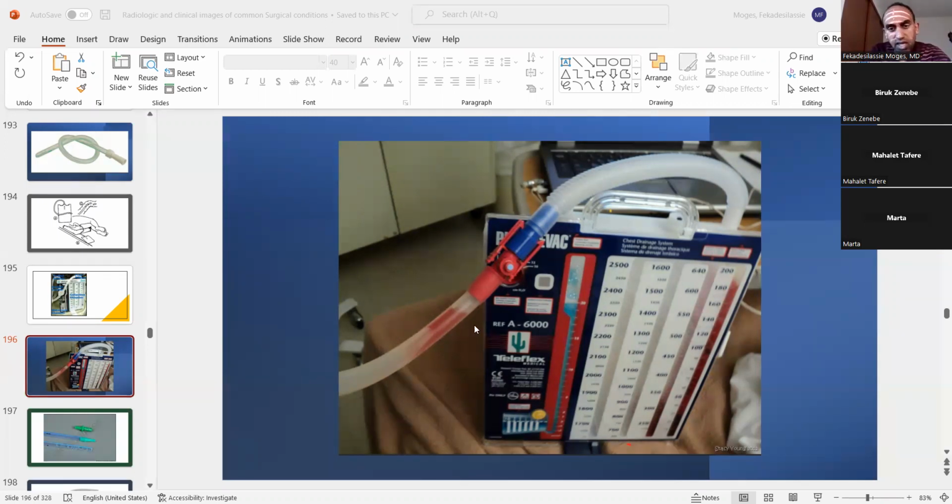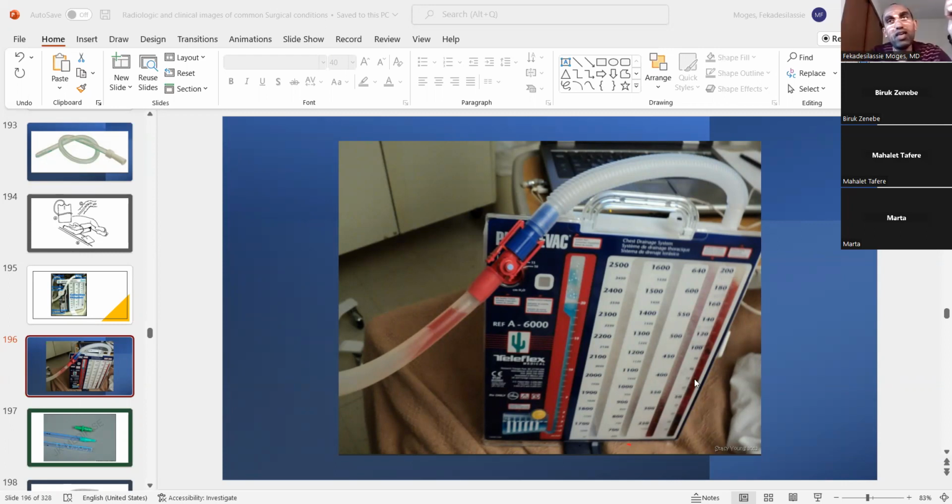All right. So the same thing. You can see the blood is coming in. At least it has collected 100 and there is some spillover. I mean, this chamber has been full and then it has come to a certain extent. So every time you monitor the output, how much blood is coming out. Immediately after trauma, if somebody has sustained trauma and develops hemothorax, you have to measure the output hour by hour, right?